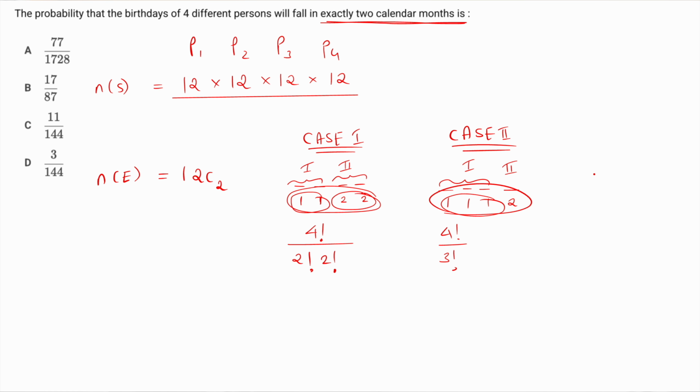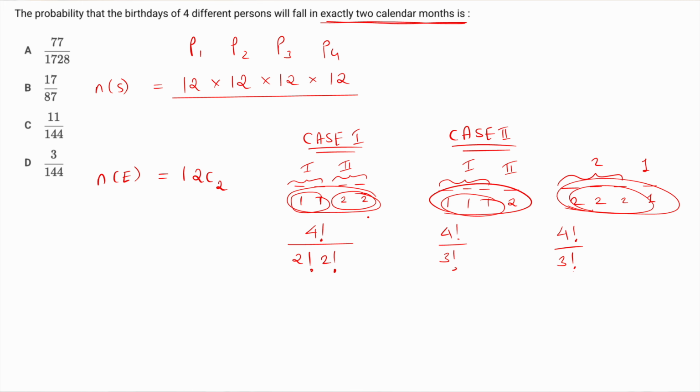There is one more way in which we assign the second month to 3 people, and the last person, by default, has the first month selected as his birth month. So once again, we have 3 people having the second month as the birth month and only 1 person having the first month as the birth month. 4 objects, 3 are alike and 1 of another type. So 4 factorial divided by 3 factorial ways.